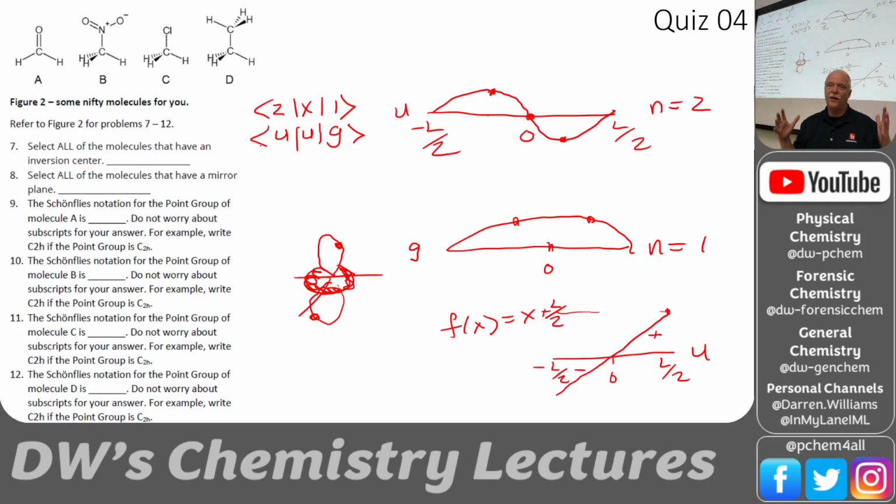This is a mathematical integral, and to know whether it's 0 or non-zero, all I have to know is the symmetries of those functions. So I can just not do the math and just look at the symmetry. So U times G, if we look at those general rules, is U. Think of these as plus and minus 1. So minus 1 times a plus 1 is a minus 1.